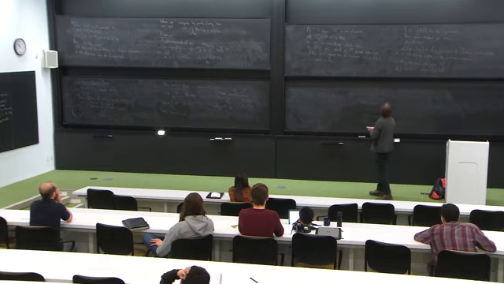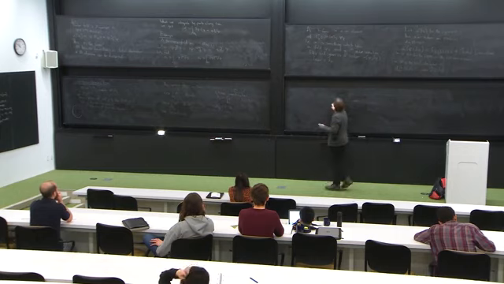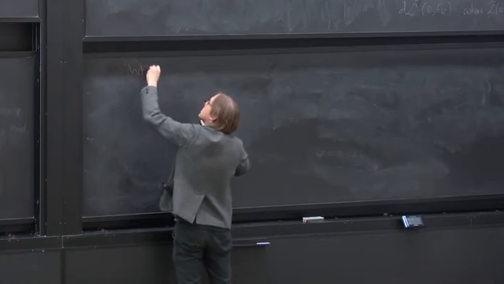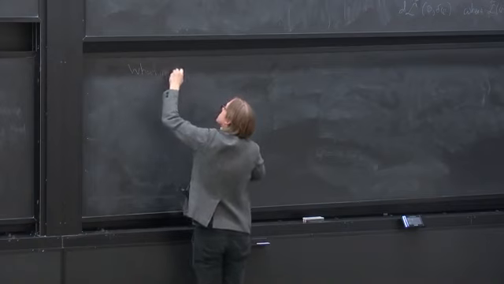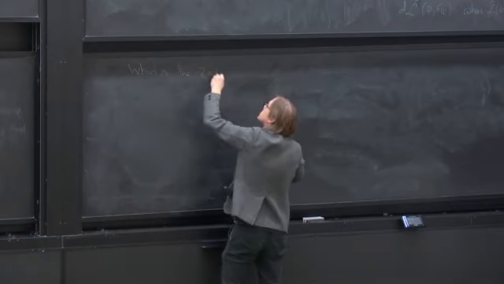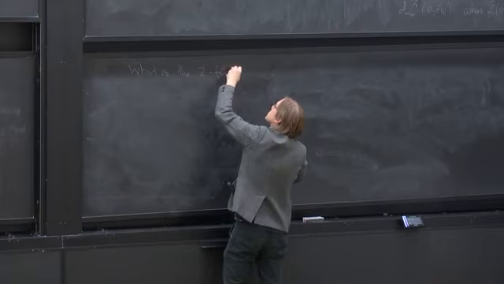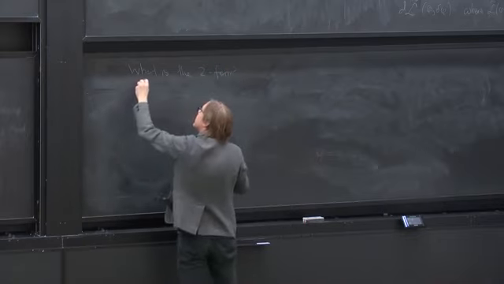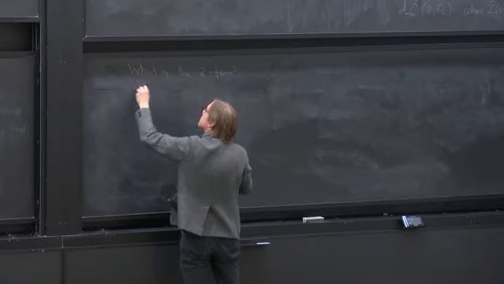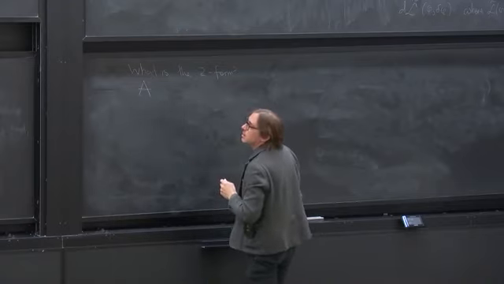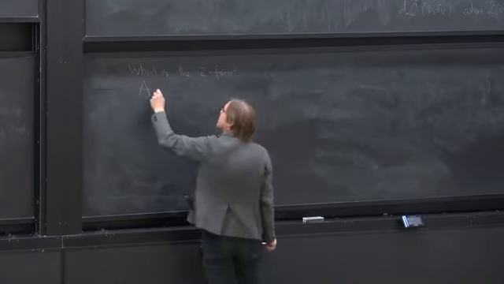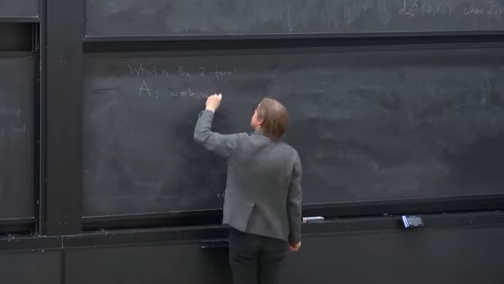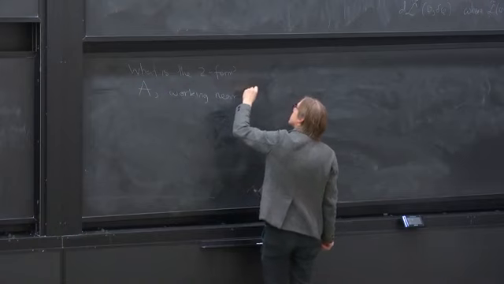Okay, so let's do our calculation. What is the 2-form? Well, I can take any gauge field A near the trivial gauge field.